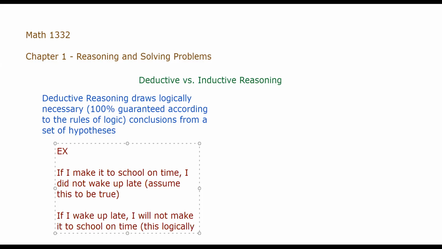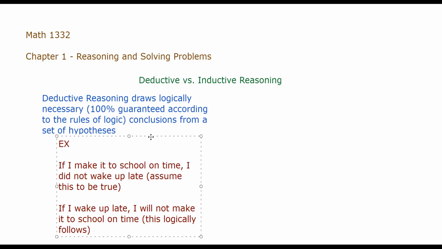This logically follows. If I make it to school on time, I must not have woken up late. If we assume that's true, then the flip side is, well, if you're going to wake up late, then you're not going to be able to make it to school on time. This is actually a case of something called modus tollens, also known as the contrapositive.